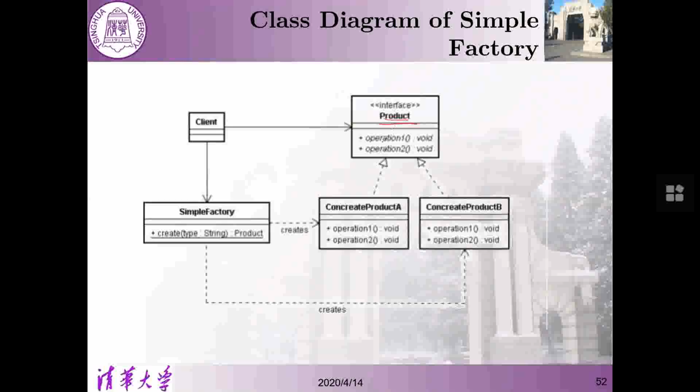This is the base class, and these are the concrete products. And then we have a simple factory, which takes some parameter to determine which product you want. Then we can create the corresponding product, right? However, because we are programming to an interface, we always return a product.